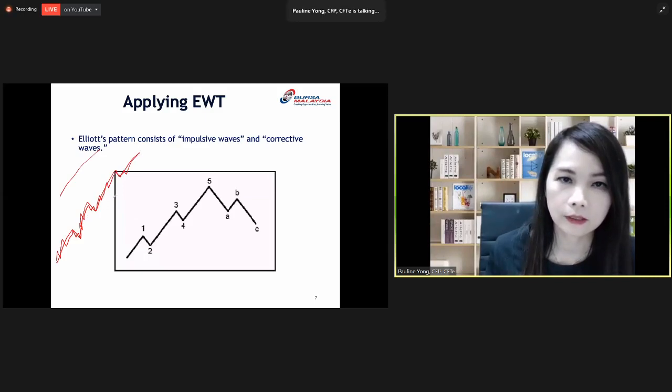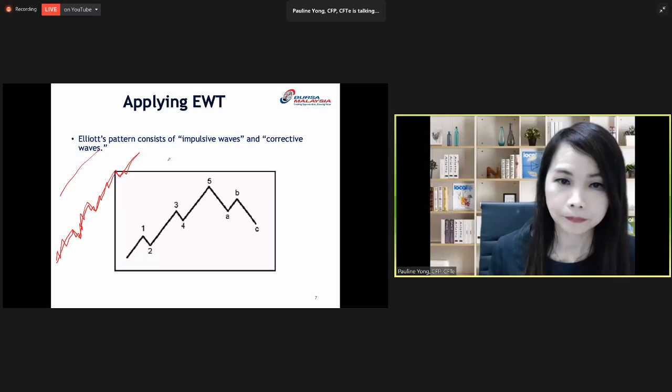And there are a lot of rules involved in the Elliott wave theory. So it makes these principles very complicated because there are so many rules. And then sometimes besides the original rules, they also have the extended version. The extended version meaning that you have the extended wave 1 or extended wave number 5.